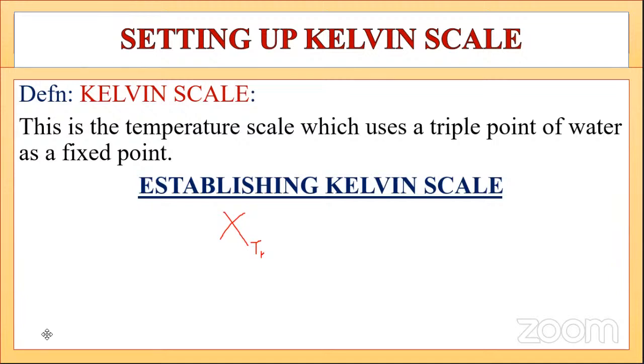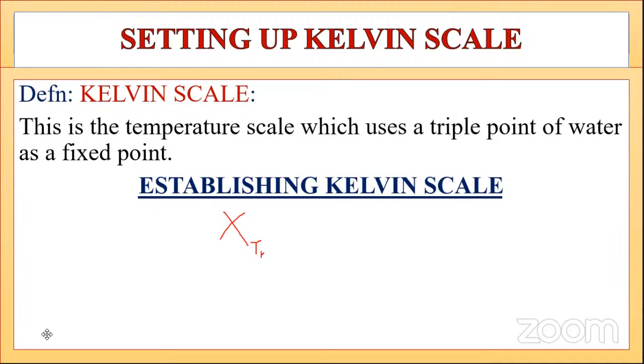So likewise, here, if we are to establish Kelvin scale, we also choose the thermometric property. We can call it also X. Then after choosing X, we measure it at the fixed point, and this fixed point is triple point of water. We measure the thermometric property at triple point of water, then we call it XTR.